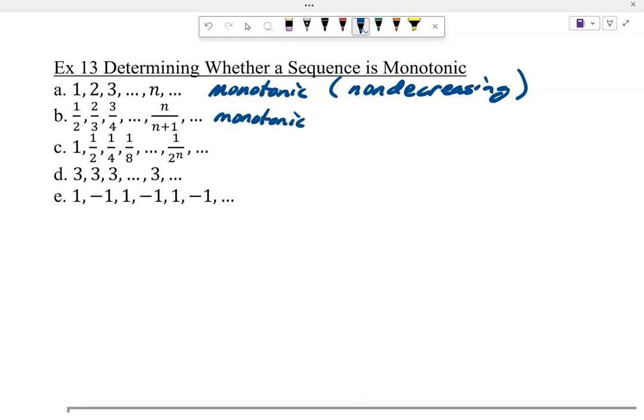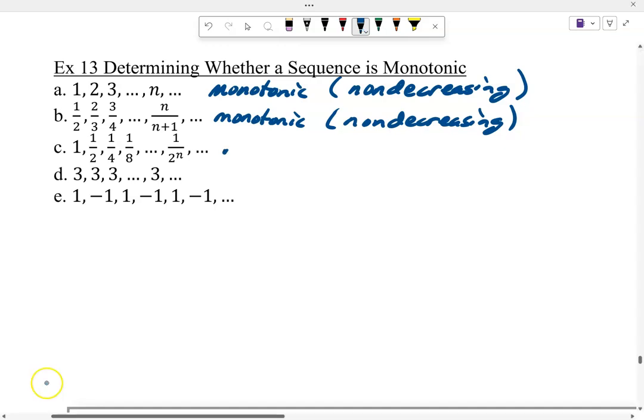Also increasing. Next one. It is monotonic. See how it's decreasing the whole time. In other words, non-increasing.